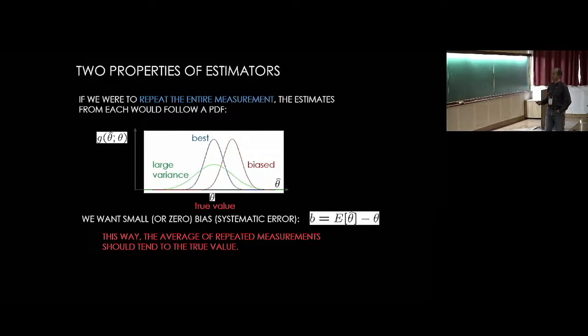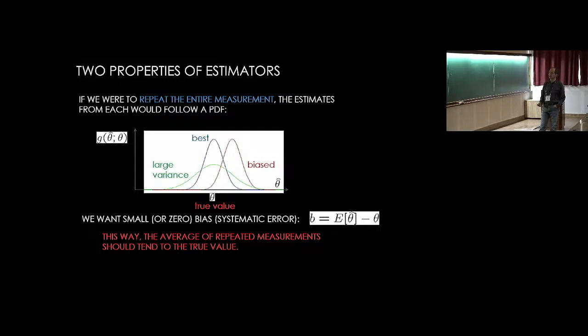So the bias is defined as the expectation value of theta hat minus the true value. So do we know the bias? No, we don't know the bias because we don't know the true value. We can estimate the bias, okay? Anyways, if the bias is zero, repeated measurements will tend to the true value.